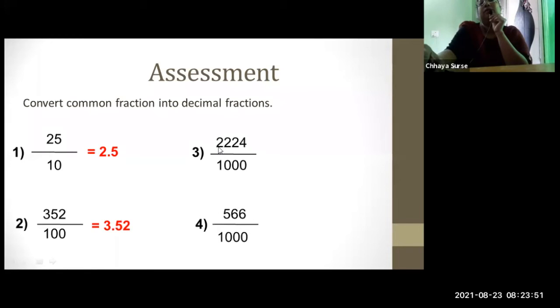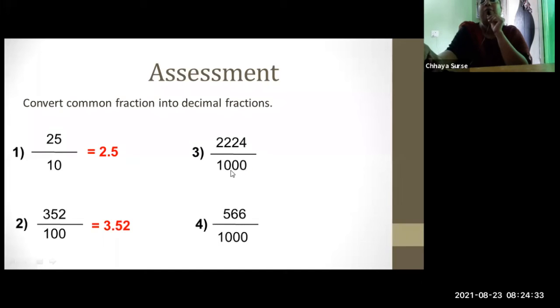Next, 2224 upon 1000. So this is also 4 digits and this is also 4 digits, so no need to add the 0. Will you add the 0 here? No, because this is 4 digits and this is also 4 digits. No need to add the 0 because the number of places in numerator and denominator are equal.